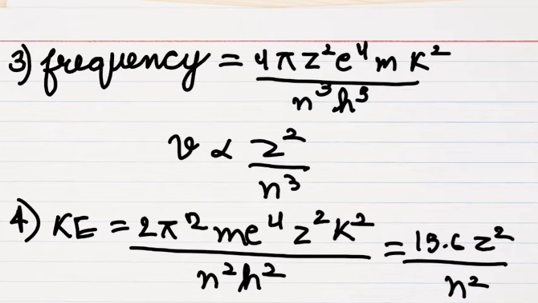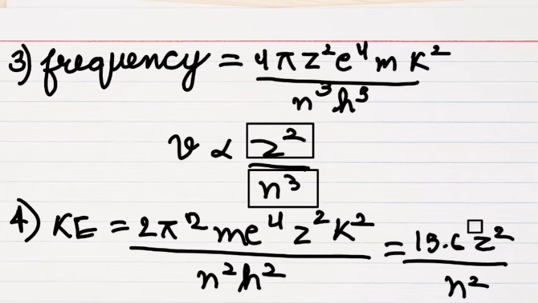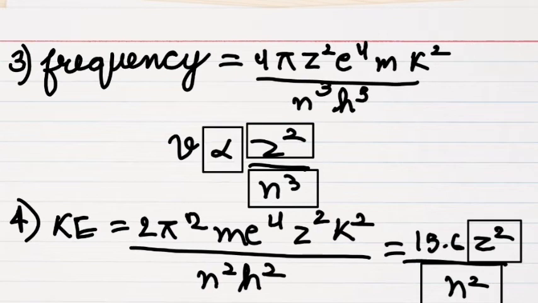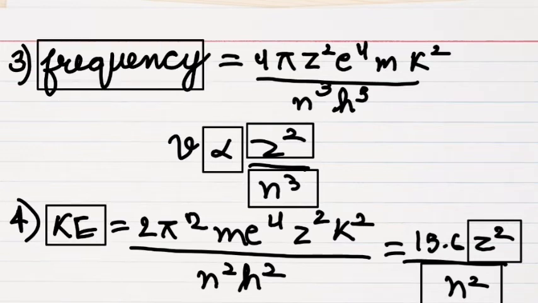We already know, students, what this z means and what this n means. Similarly over here. And this proportionality sign is because we have removed the constants. That is how we obtained the relationship for the frequency and the kinetic energy of the electron.